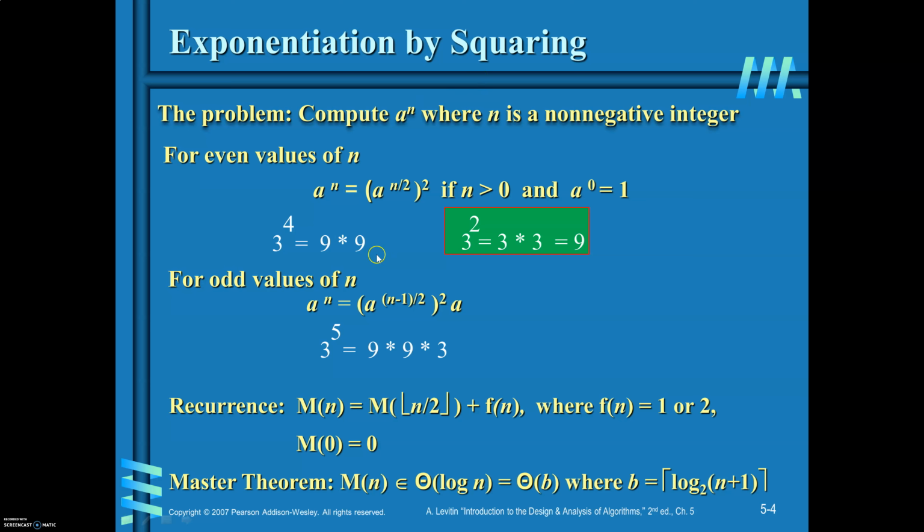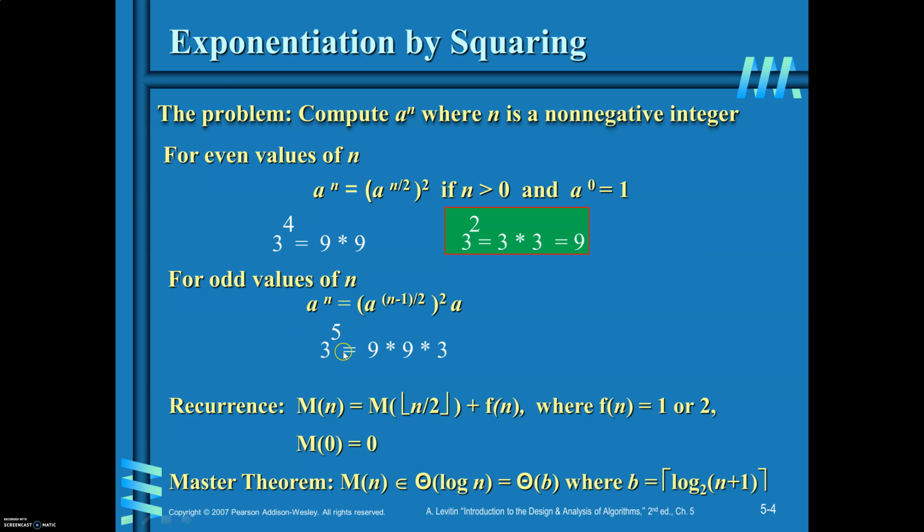decrease by constant factor you are able to find the solution for 3 power 4 by multiplying this 9 into 9, that is 1 multiplication. In order to find out 9, that is 3 square, 1 multiplication. Totally only 2 multiplications you are doing to find out 3 power 4, but in brute force it is 3 multiplications.